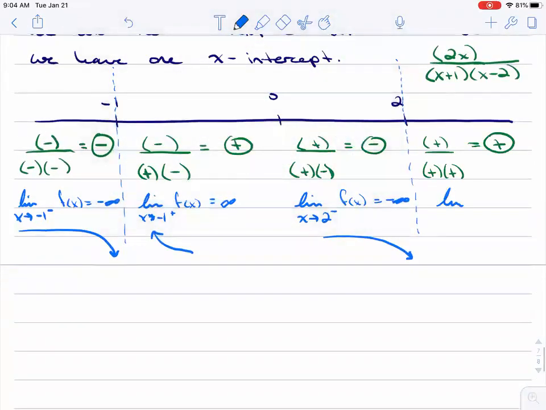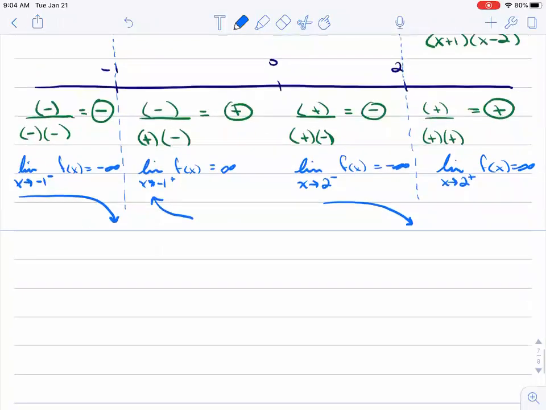And so the limit as x approaches 2 from the right of f of x is infinity. And so it's going to look something like this.